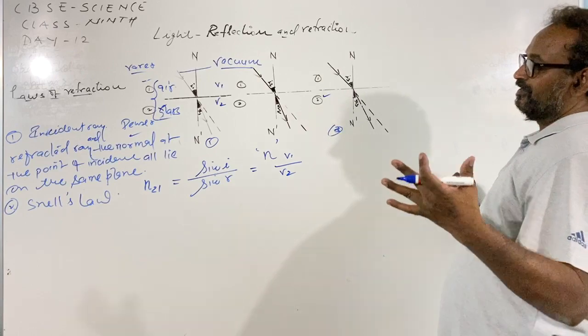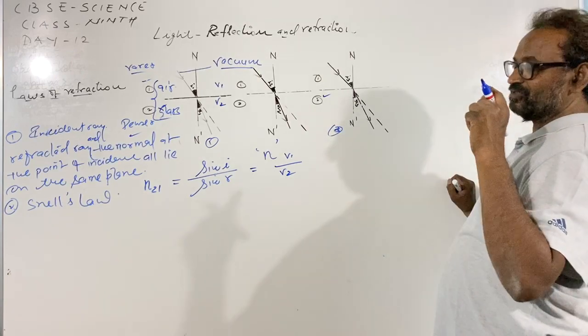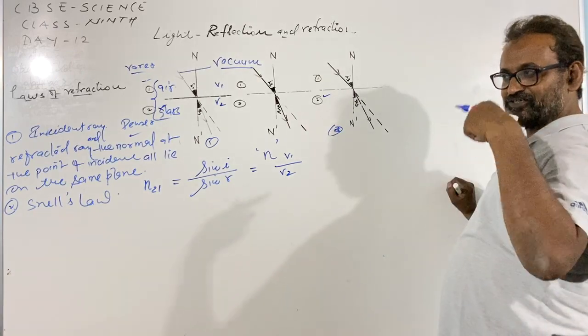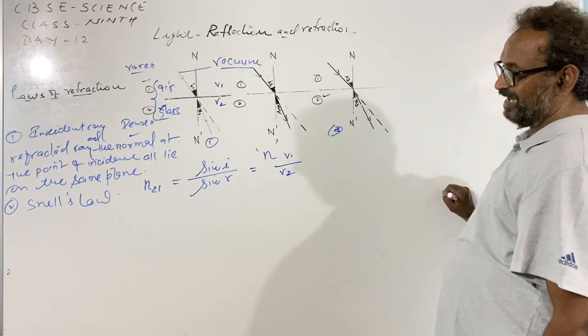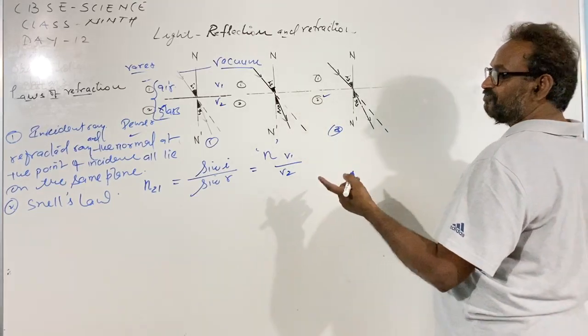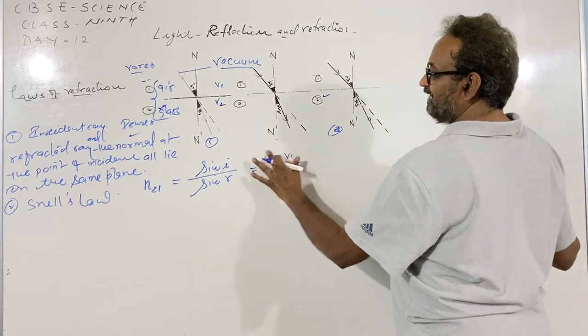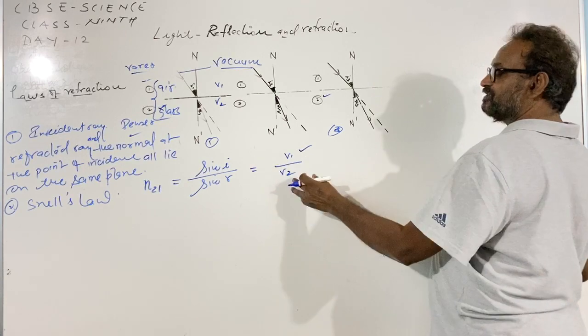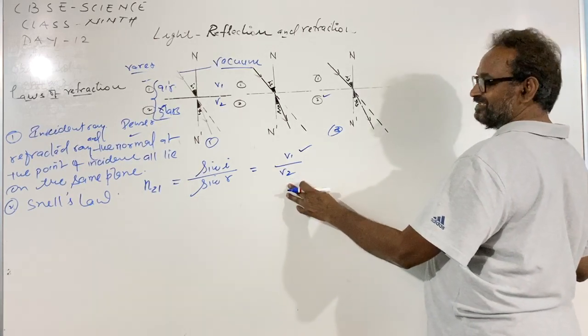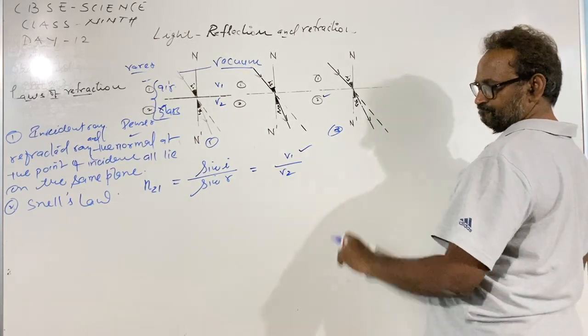So, refractive index of a medium with respect to another medium is also defined as the ratio of velocity of the light in the first medium, that is v1, to the velocity of the light in the second medium.